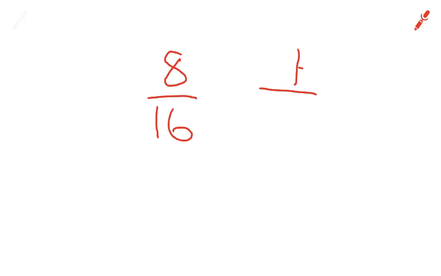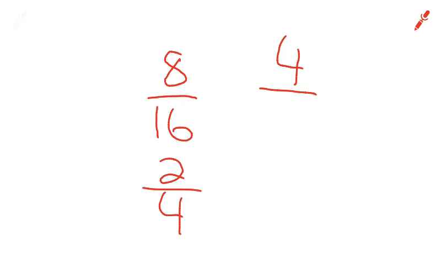Write 4. And below your 8 over 16, 4 goes into 8 2 times. I want you to write 2 over, and 4 goes into 16 4 times. So we get 2 over 4.